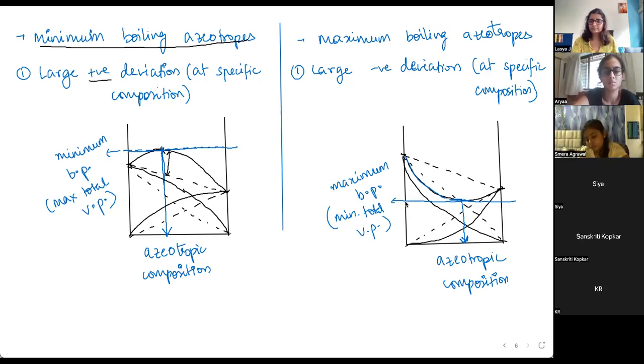Miss? I didn't understand minimum boiling. Okay, first of all, before we talk about this, do you understand what the connection between boiling point and vapor pressure is? Like, why are they inversely related? Why do we have maximum boiling point at minimum vapor pressure, or minimum boiling point at maximum vapor pressure?